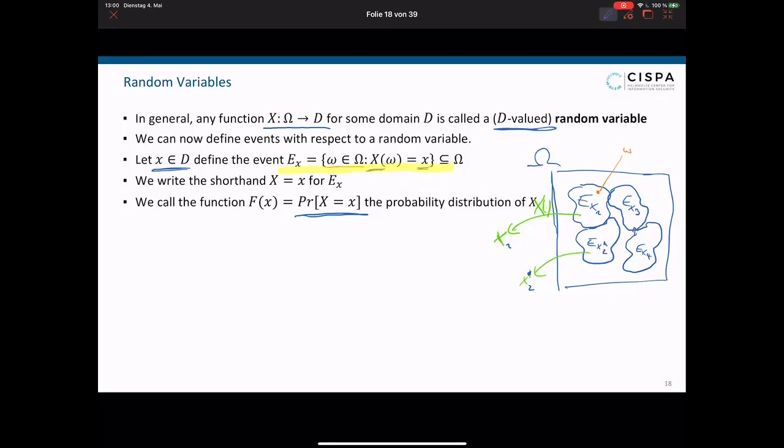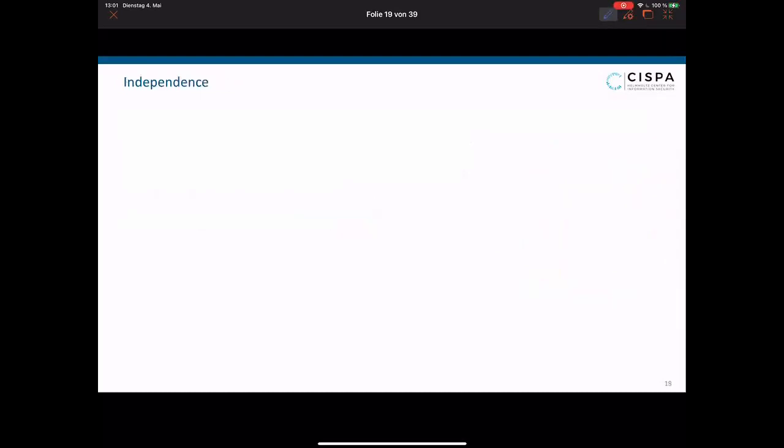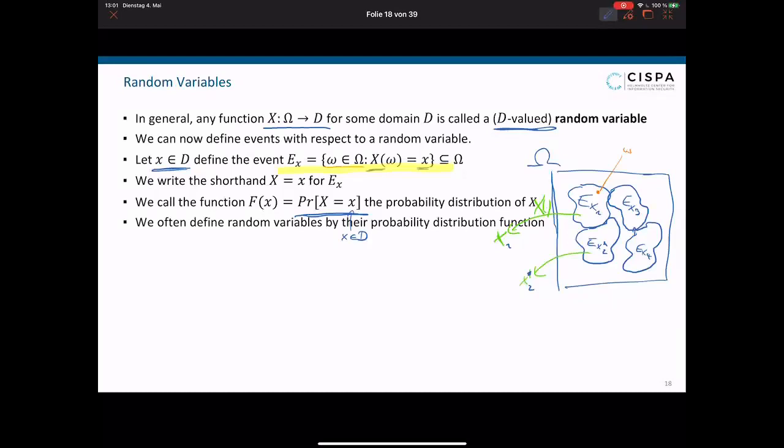Here I call it f of x, but it will typically be of the form probability X equals x, where x is some value in this domain D. And we will typically define random variables just by their probability distribution functions.